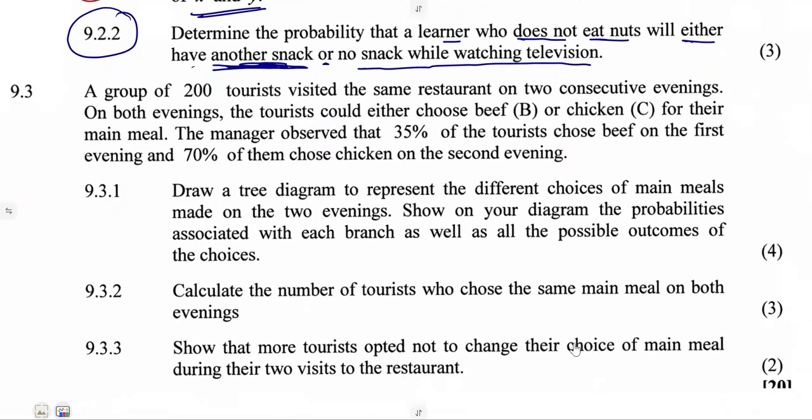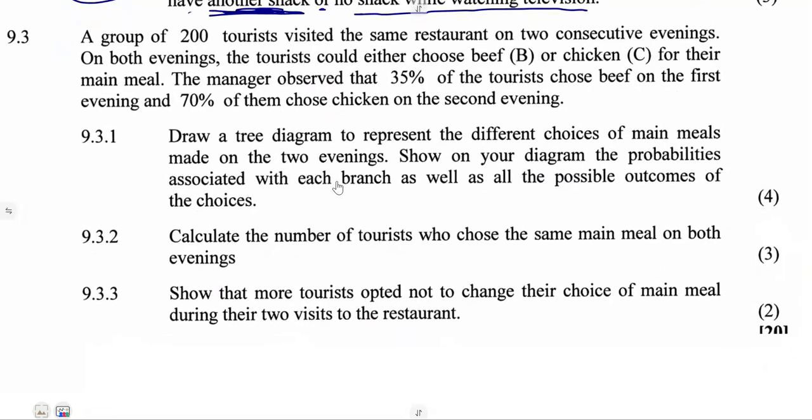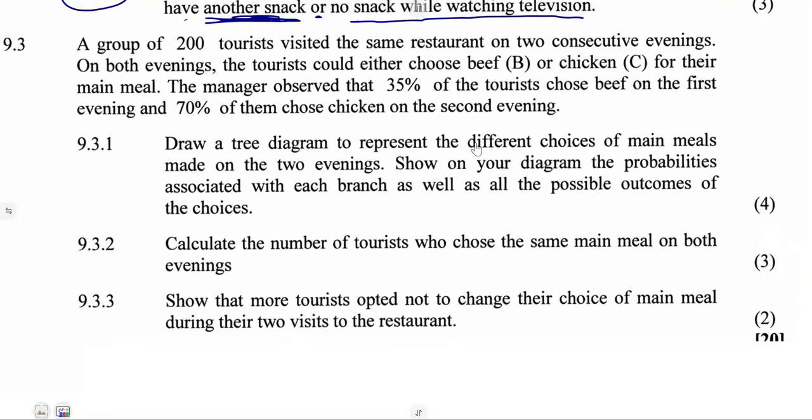We are given that there is a group of 200 tourists who visited the same restaurant on 2 consecutive evenings. On both evenings, the tourists could either choose beef or chicken for their main meal.